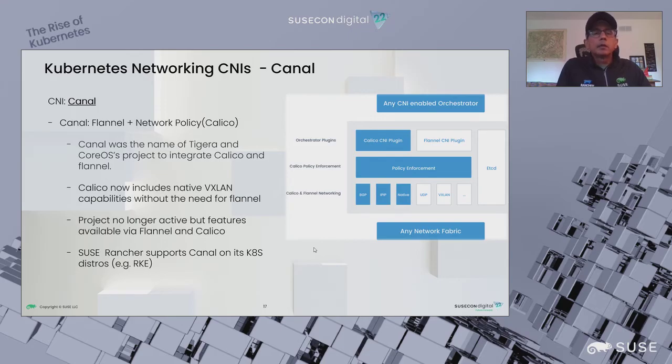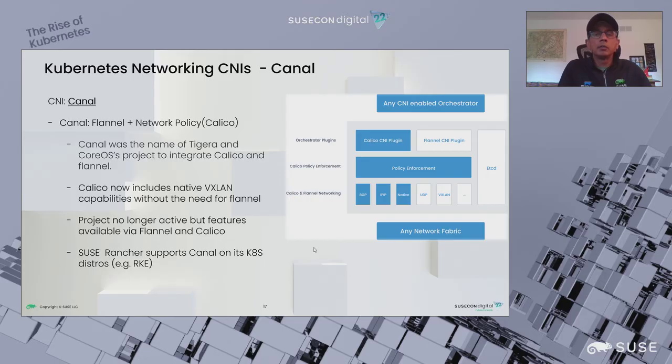The third one that I want to talk about is Canal. Canal is a project whose goal was to combine the benefits of Flannel and the network policy capability in Calico. There's been a little less maintenance over time with Canal.